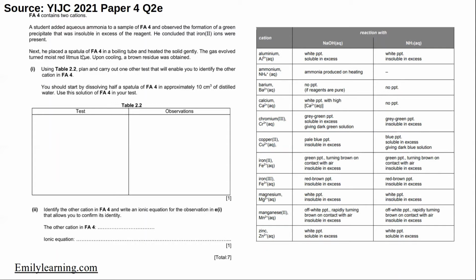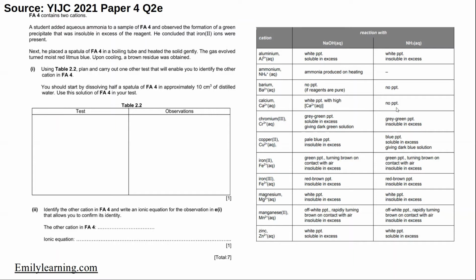So what does FA4 contain which will allow the evolution of ammonia gas upon heating? Well, that would be ammonium ions. So very likely ammonium is present in FA4. Then here they write that upon cooling a brown residue was obtained. This brown residue is basically the oxidation of iron 2 to form iron 3.